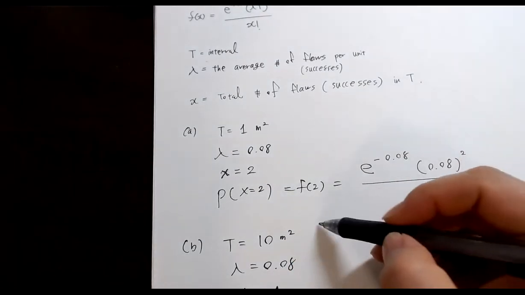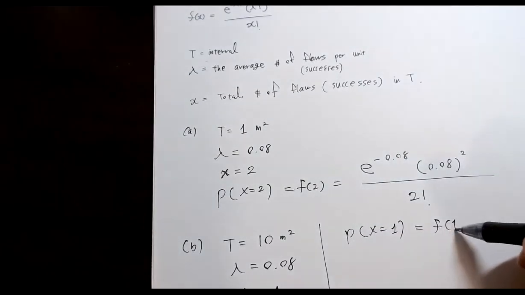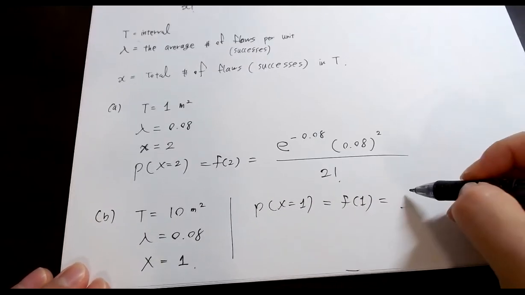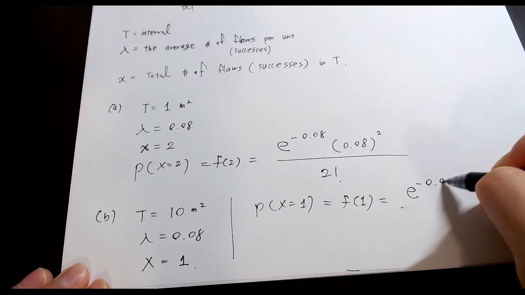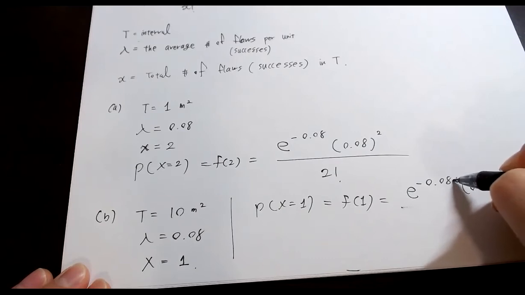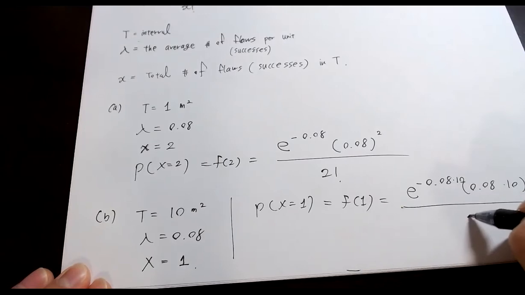So the probability that x equals 1, that's what we need to figure out. This is f of 1, which is e to the negative 0.08 times 10, times 0.08 times 10 to the first power, over 1 factorial.